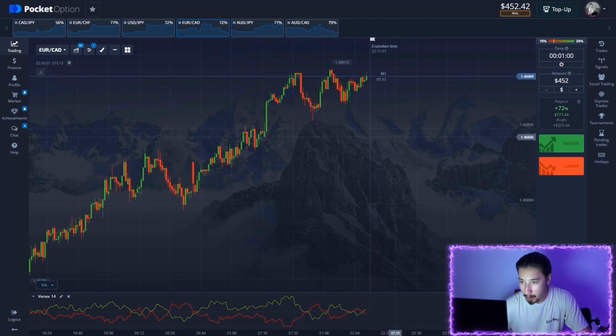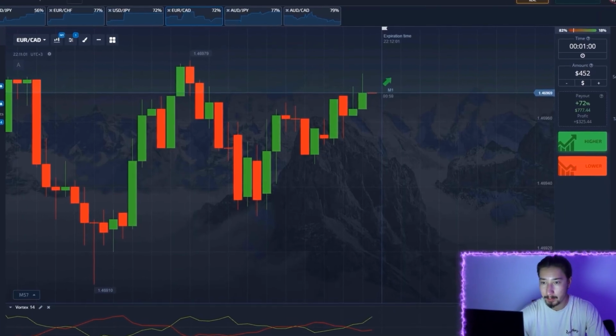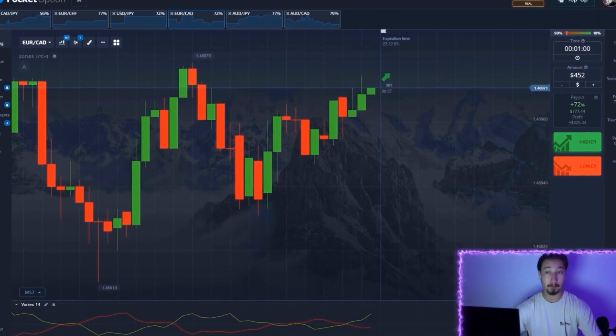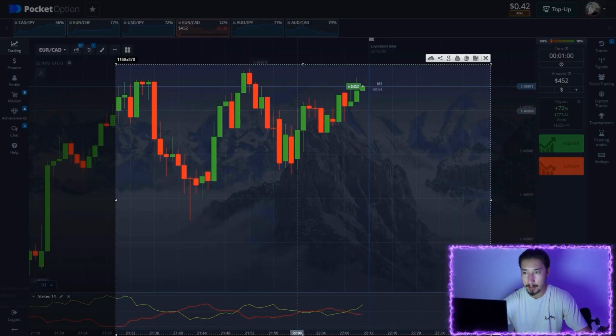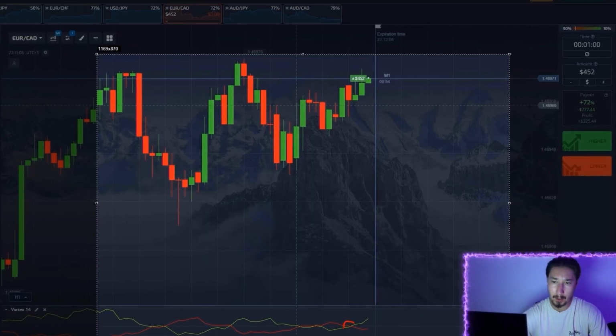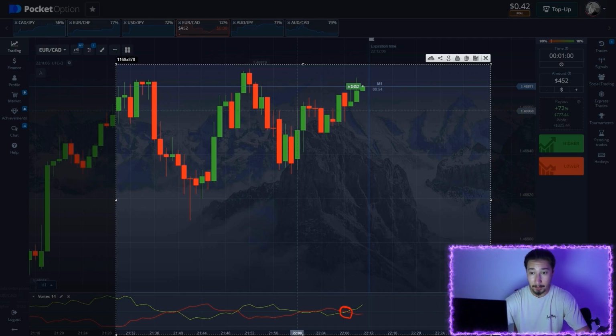Actually looks really promising. Let's wait for a new candle to show up, and let's open a long position here. Let me clarify. First of all, we take a look at the vortex. The green line crossed the red one, and the green one is heating up, which tells us that this uptrend should continue.